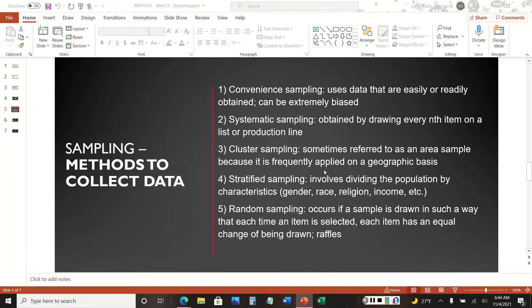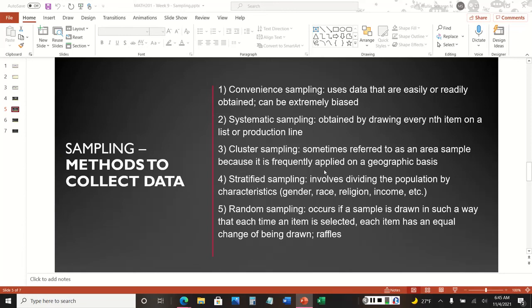And then the fifth type of sampling would be random sampling. This occurs if you draw a sample in such a way that each item has an equal chance of being selected. An example of that would be a raffle. If you're doing it correctly or ethically, everybody has an equal chance to win in a raffle if everybody's given one ticket.